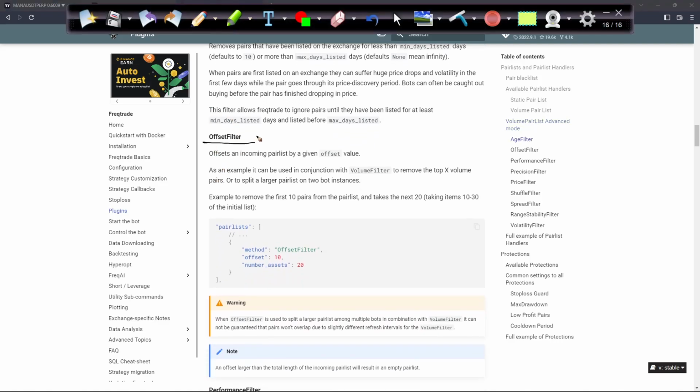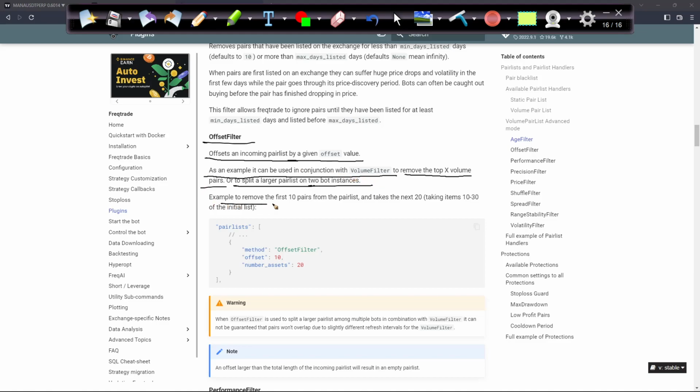Then we have offset filter, which offsets an incoming pair list by a given offset value. As an example, it can be used in conjunction with volume filter to remove the top X volume pairs, or to split a larger pair list on two bot instances.